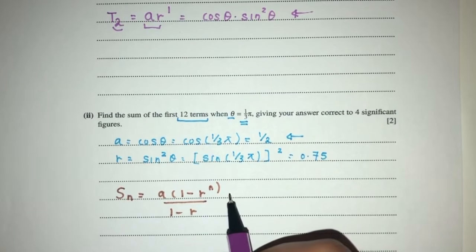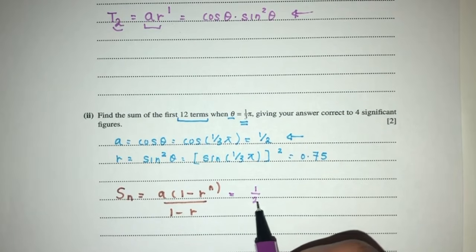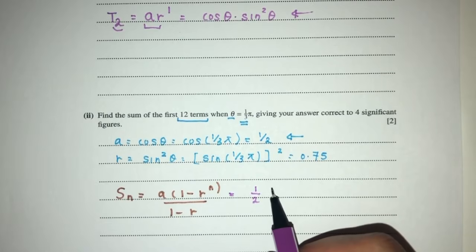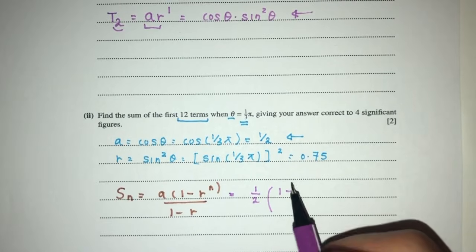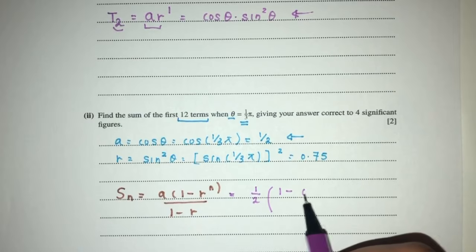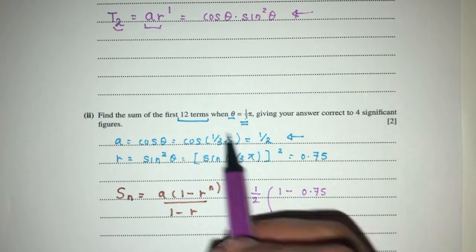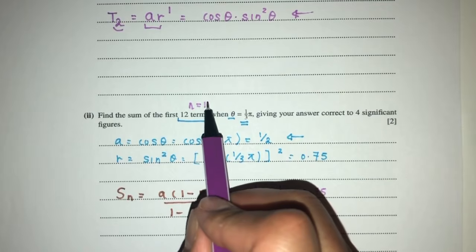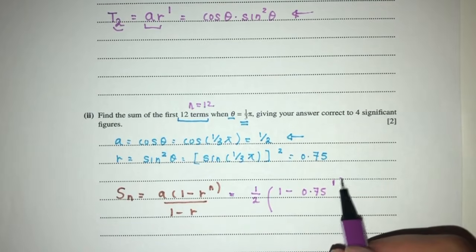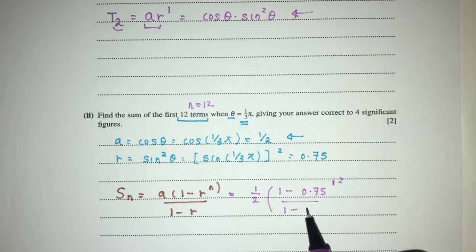Let's replace. a will be half, and 1 minus the value of r is this. Now we have 12 terms, so n has to be 12, so that will be 12 here, and 1 minus 0.75.